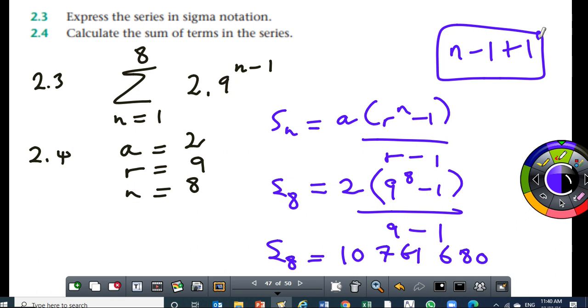Just use the formula. Find your first term, your common ratio, your number of terms, and then use this formula, substitute, and simplify. That's it. If it's arithmetic, find the first term, your common difference and your number of terms, and then use the formula. Then you'll be done. Okay?